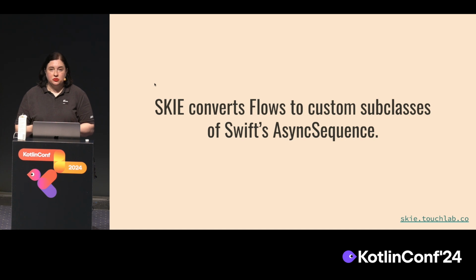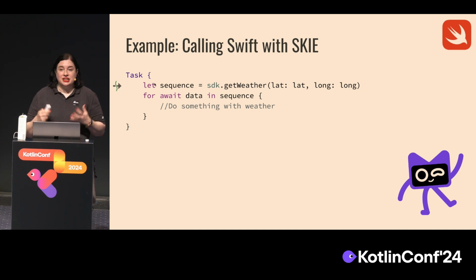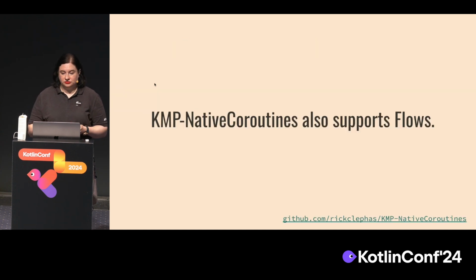And using SKIE, our type value is preserved, the cancellation is supported, and the main thread safety is still guaranteed automatically for us. So here, when we call the getWeather function to get that flow, we just iterate over the weather objects using for await in.